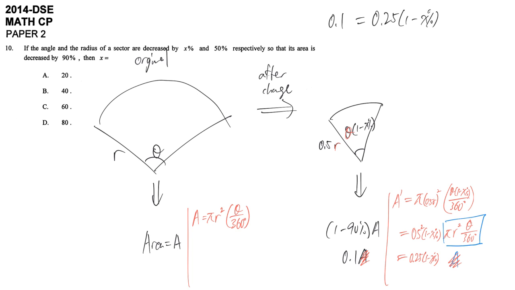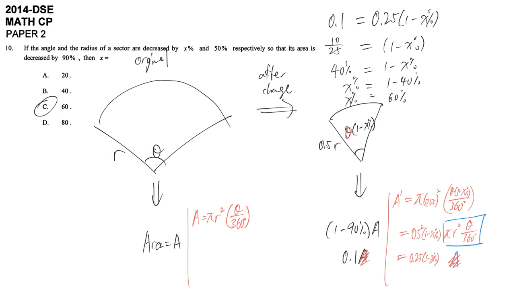Then we simply solve this equation. So we know that x% means 60%. x is 60.